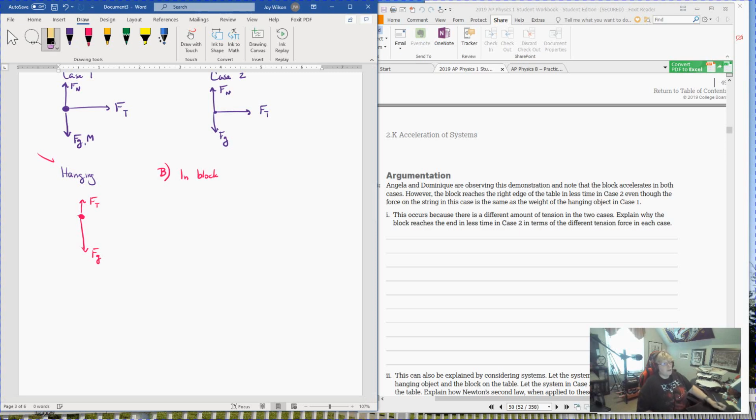In case 2, let's start with case 1. In case 1, the weight of the hanging mass causes both masses to move, or both masses to accelerate.